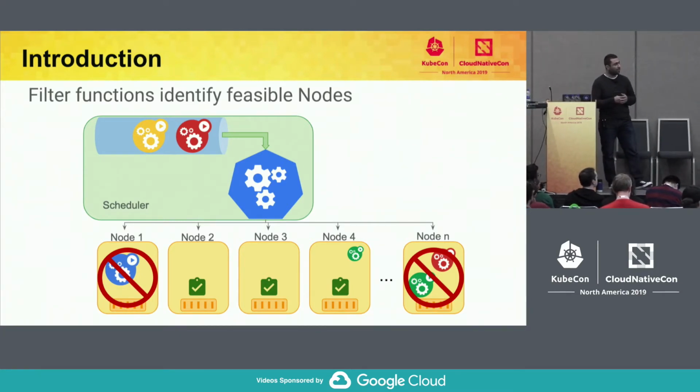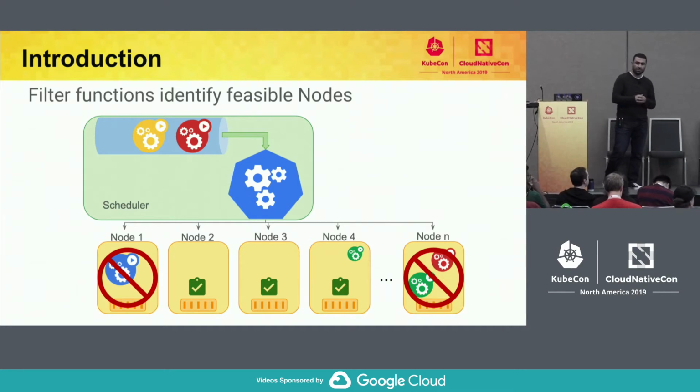We run the pod through a bunch of filters that decide which are the feasible nodes the pod can run on. Example filters are, as you would expect, whether the node has enough resources to run the pod based on the pod resource request. Other filters could be, for example, required pod affinity. We need to look only at the nodes that have the pods that this pod has affinity with, and so on and so forth.